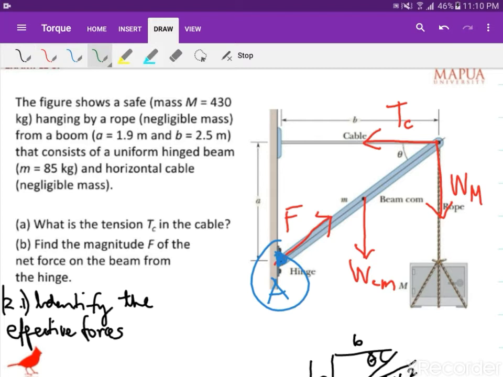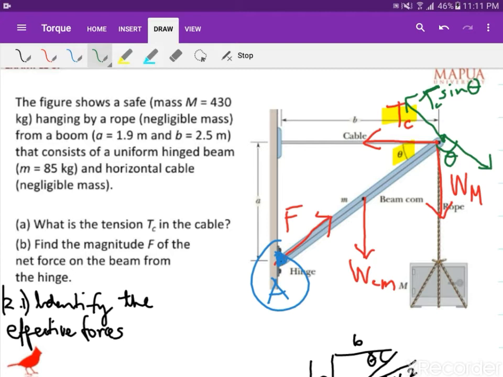So for example, for TC, the effective force is only TC sine of theta. For W sub M, the effective force is only this component. So let's try to analyze. If this is theta, this will have a component of theta.